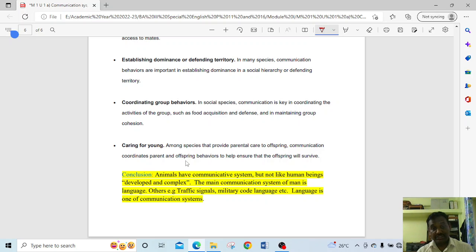There are other communication systems we use, for example, traffic signals and military code language, but language is the most developed and complex communication system.